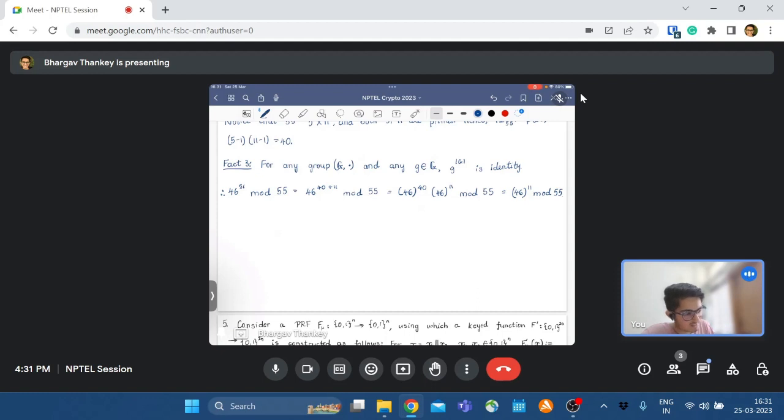And yeah, this takes some work, but we can do it. So I and 46 to the I mod 55.